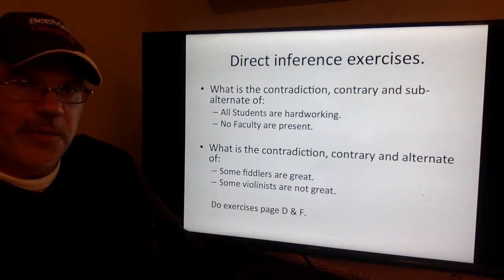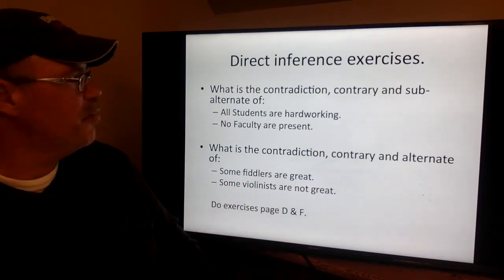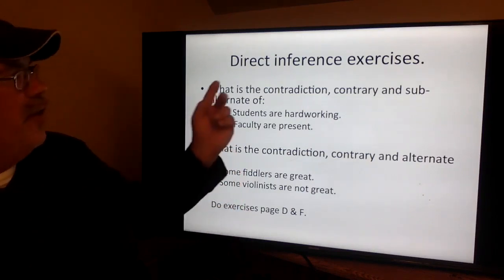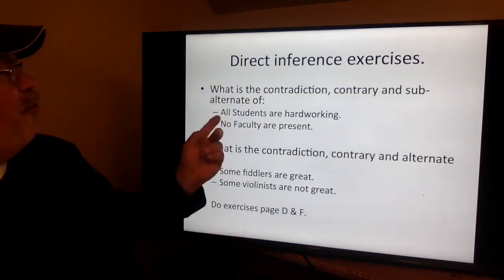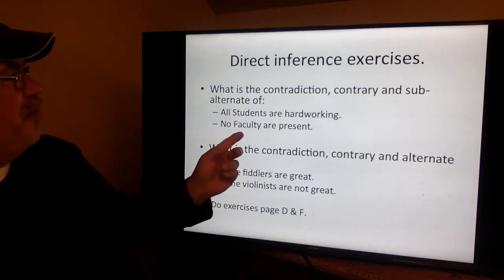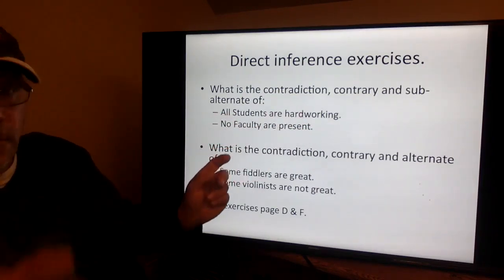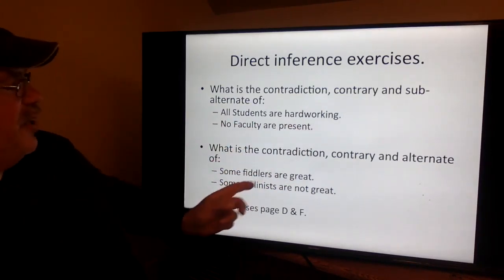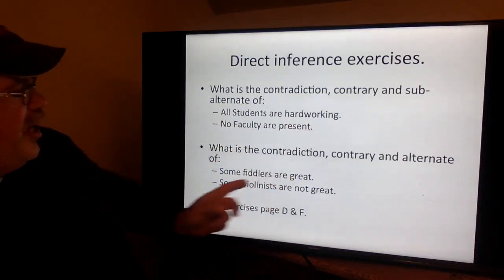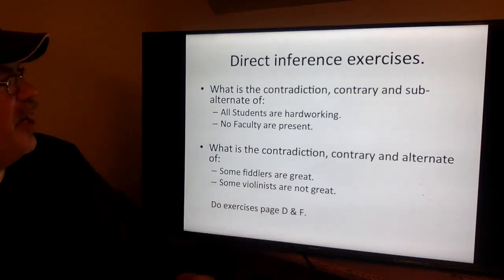We should probably think about doing some problems. Next time we're going to pick up here and say, for these statements, all students are hardworking, we hope that's true, no faculty are present, what is the contradiction of? Some fiddlers are great, some violinists are not great.